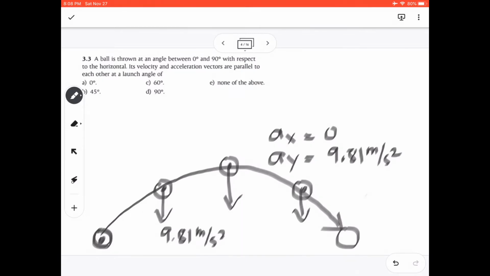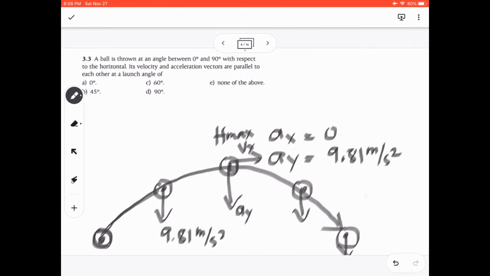Now at this point, this is the starting position. As you launch it, the acceleration will start pointing downwards until the end. But then here at the highest point, let's say this is your H max, the velocity here is Vx, like this, and the acceleration is downwards, Ay, and they are perpendicular to each other.